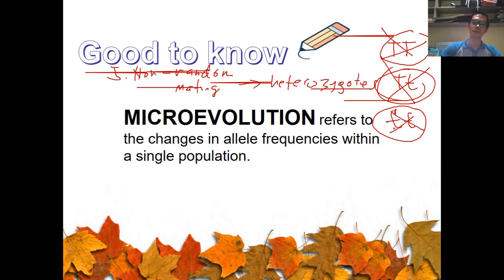Now, these five mechanisms that we have discussed are part of what they call microevolution. If you remember our video about macroevolution, it talks about the larger scale of the evolutionary process that happens in an organism.